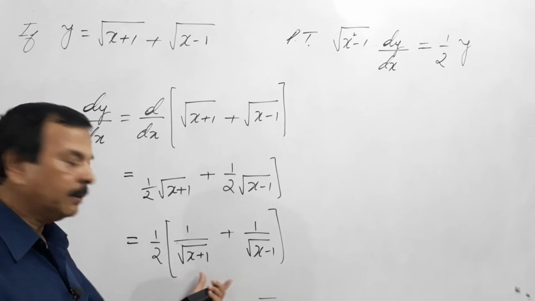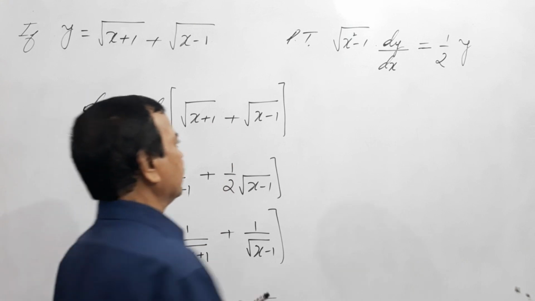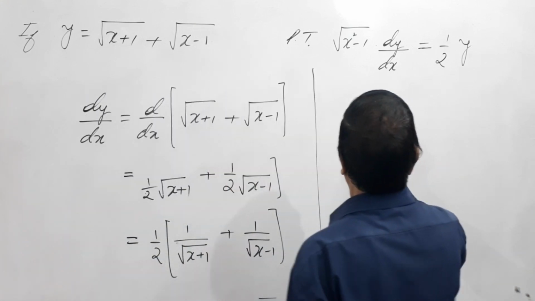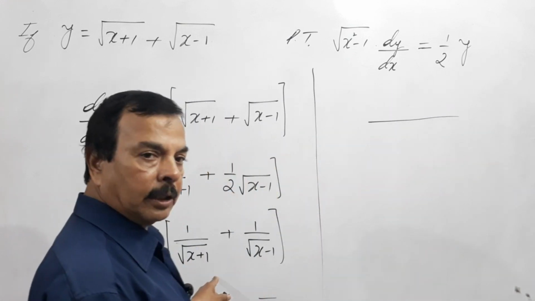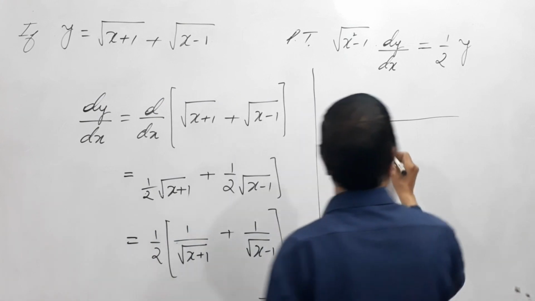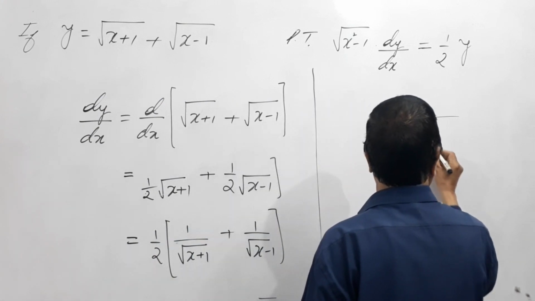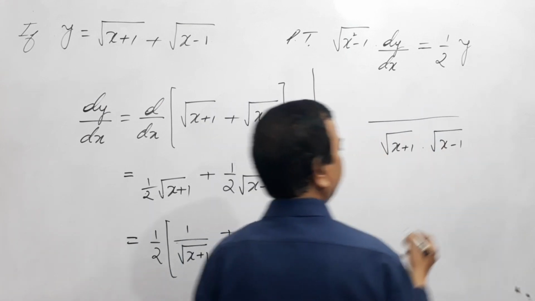Next step is take LCM. Once you take LCM, you will reach here. So I will show you how to do this. What is the LCM out of this? You have to take both the values, that is under the root x plus 1 into x minus 1, right? This is our LCM.